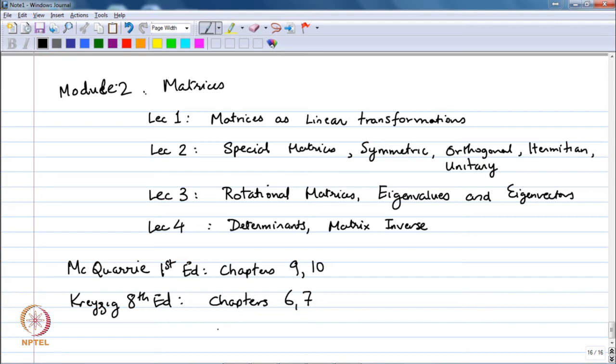Now this material you can find in Macquarie first edition chapters 9 and 10 or Kreyszig 8th edition chapters 6 and 7. Let me emphasize that in both these books they do many more things with matrices, determinants and vectors, such as change of basis and transformations.